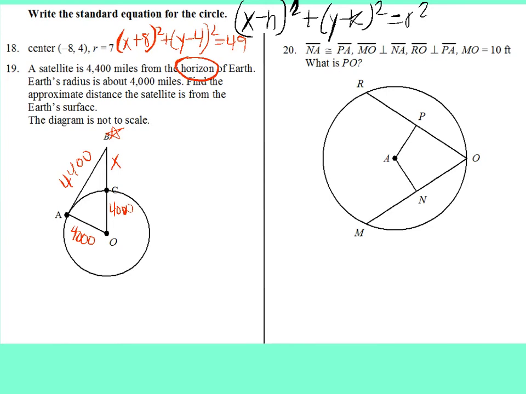Well, what we do have is a right triangle because a tangent to a radius creates this 90-degree angle. So we can use our Pythagorean theorem. So we get to say that 4,400 squared plus 4,000 squared is equal to 4,000 plus x squared, because that's our hypotenuse.